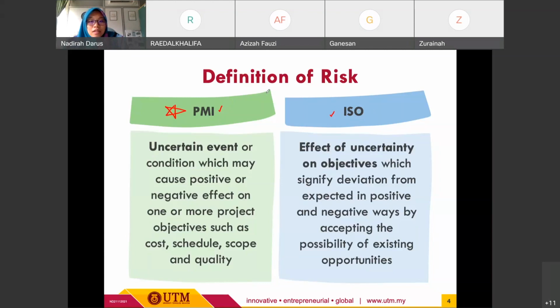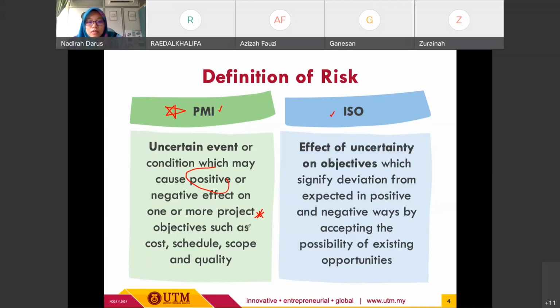Regarding risk, the definition is related to an uncertain event or condition which may cause a positive or negative effect to the project objective. Previously, I think I have shared with all of you the project resources and project objectives.